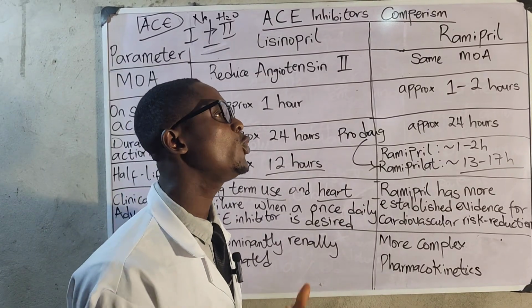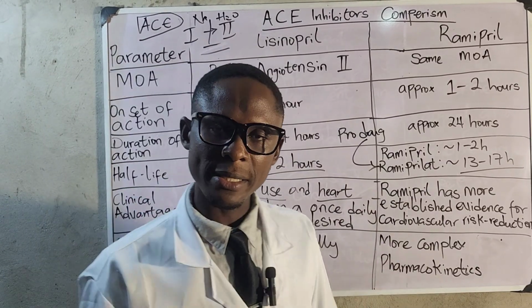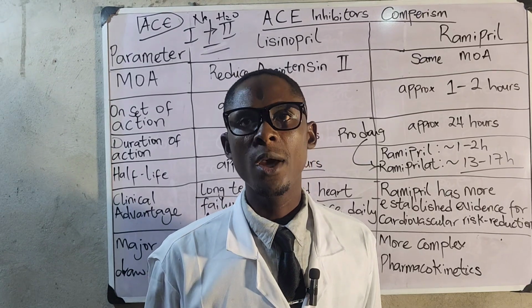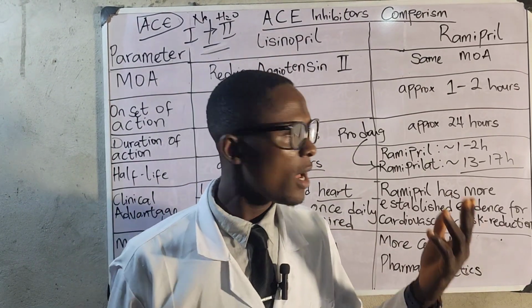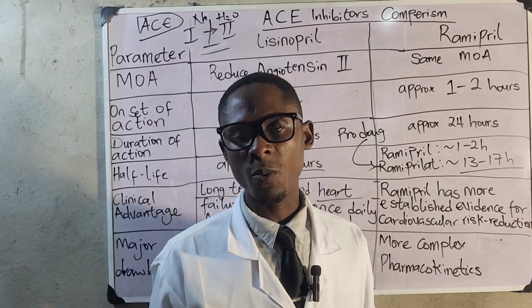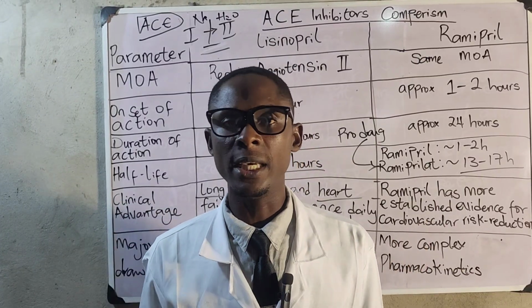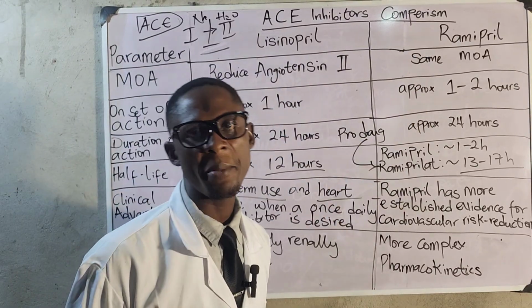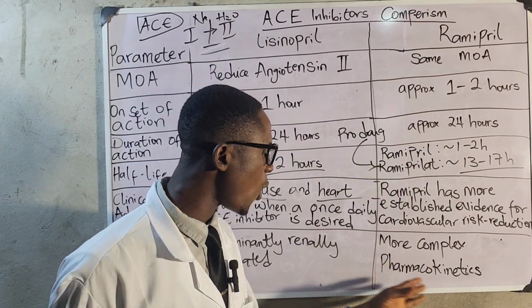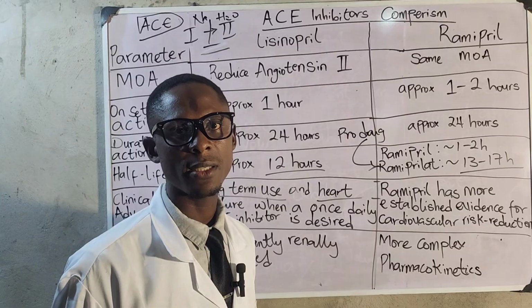So if, as a pharmacist, doctor or cardiologist, you don't want much calculation on how drugs interact and how the drug is metabolized in the patient, we should not be looking at Ramipril, because it has more complex pharmacokinetics.